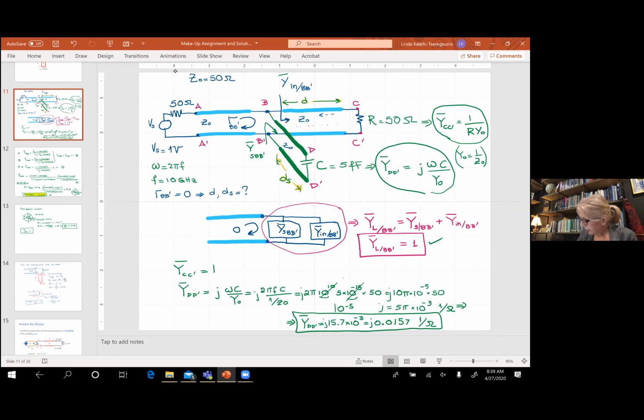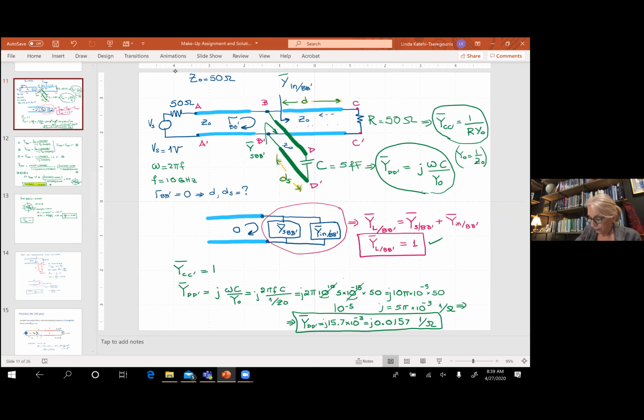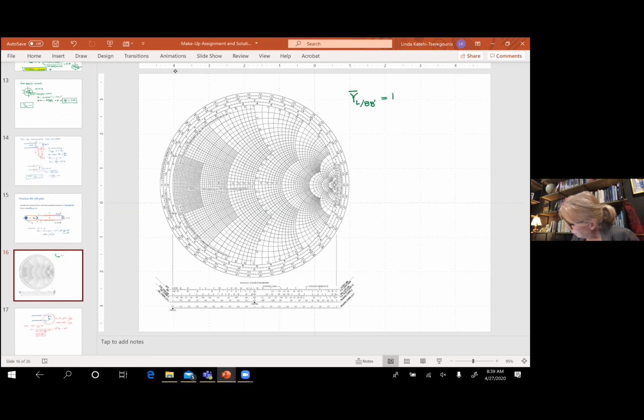So practically, one admittance, the y input at BB prime, we know this normalized is 1. So practically this admittance is going to be here already, but it's only this admittance, and then we have the stub.